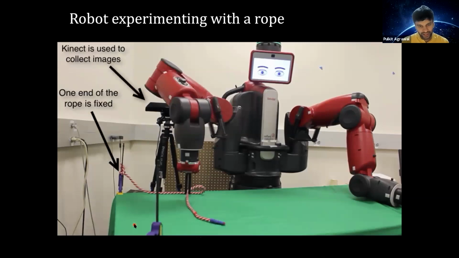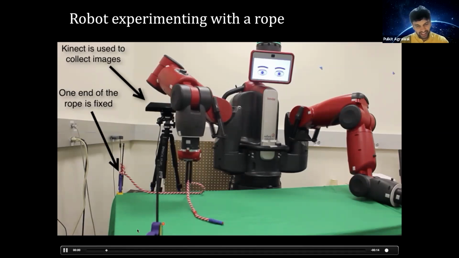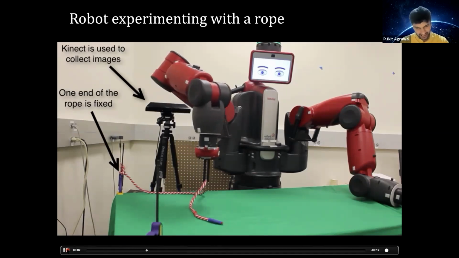There's a pick location, which is a 2D location on the table. And then the robot goes and places the rope, so it has a place location. So again, my action is a 4-dimensional vector, x1, y1, x2, y2. And I can collect my images before executing the action and after executing the action, and I can use that again to learn an inverse model.